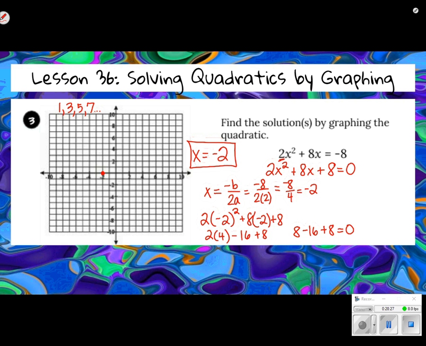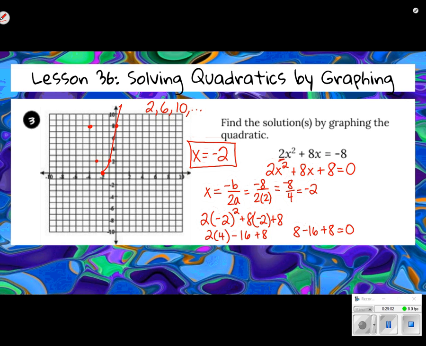So multiply all of those by 2, our pattern becomes 2, 6, 10, 14, which we're never going to be able to hit 14 unless our graph paper is huge. So we're going to go up 2, right 1, up 6, 1, 2, 3, 4, 5, 6, right 1. And I can tell that is my y-intercept because if I plug in 0 there for x, I do get 8. And then just get those mirror image points.